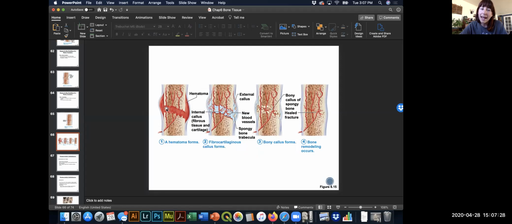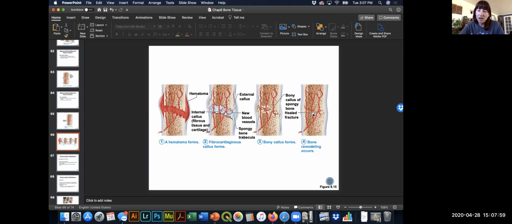When a bone break happens, first you have a hematoma, which is a blood clot forming. Then you have a cartilaginous callus forming. The cartilage is going to be taking up where that hematoma was, and then that is going to be taken up by bone instead. So you're going from a hematoma, a blood clot, being replaced by cartilage, which is then replaced by bone.